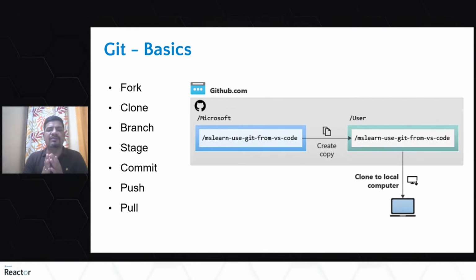So how is it different from the earlier source control systems? It's a distributed source control system where you have a repository, which is the real source of truth, or you can say the golden data, right? Where all of your code lies, all of your team's code lies on a server, and you have a local repository, right? So when any developer has to work on the code, that developer has to clone that code from the remote repository to the local repository.